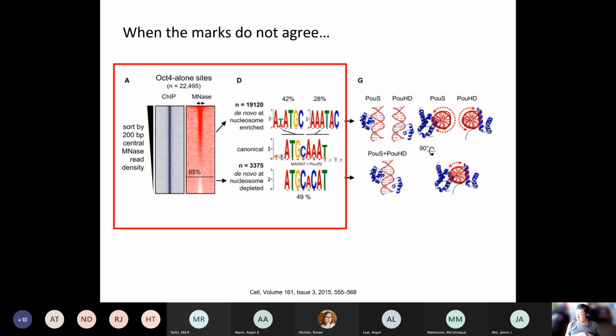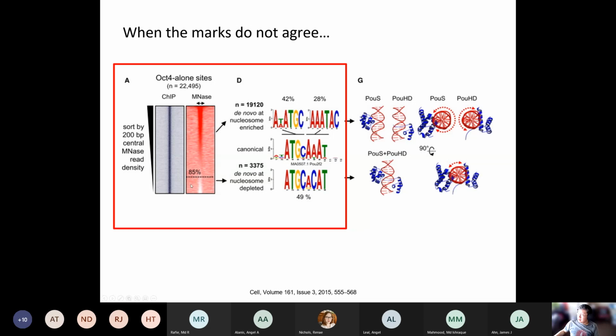Eventually, the scientists were able to find that in this nucleosome enriched region, Oct4 binds to a half site. And somehow those two half sites get put together, maybe by the 3D structure of chromatin. Therefore, somehow Oct4 can still bind there. You may get a little confused, but wait until I explain what a pioneer factor is, and you will start to appreciate why.